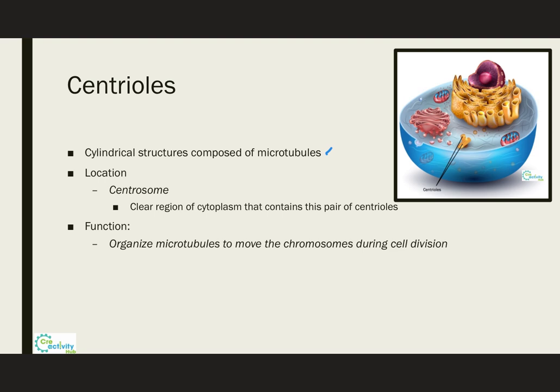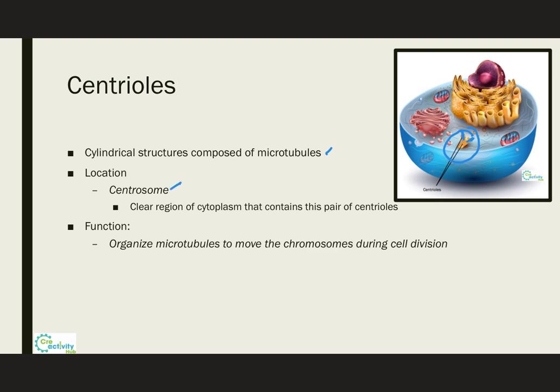Notice how they are not scattered throughout the cell. They actually form 9 groups of microtubules, and they will always be paired within a cell, meaning that there are always 2 centrioles, as we see here on this image. And they will be found in a specific region of the cytoplasm that is always close to the nucleus, and it's known as the centrosome.